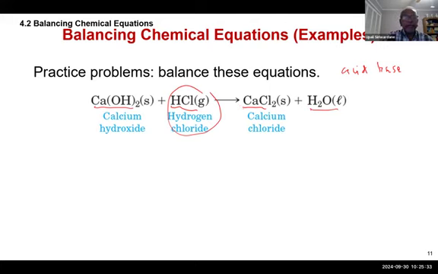To balance this equation, you put a 2 in front of HCl, giving 2 chlorines. Calcium is balanced. 2 hydrogens balanced. 2 oxygen is balanced. You don't write a 1 in front in the stoichiometric coefficient. So a 2 in front of HCl will balance the chemical equation.